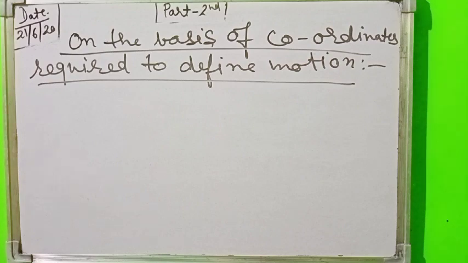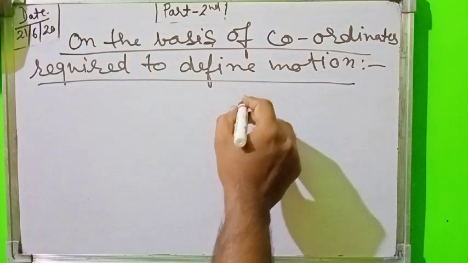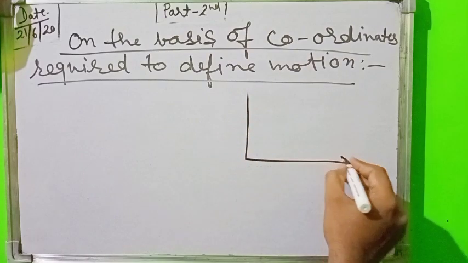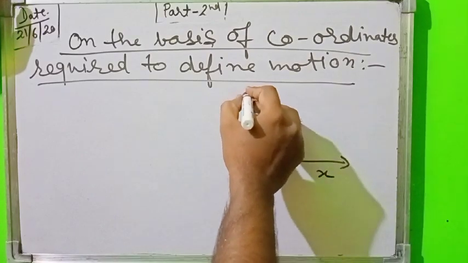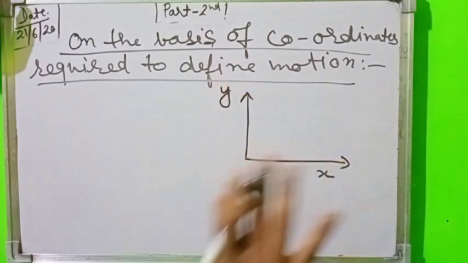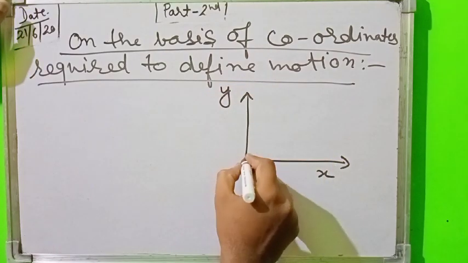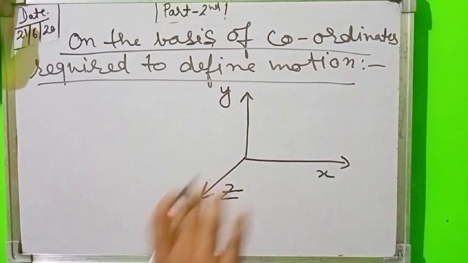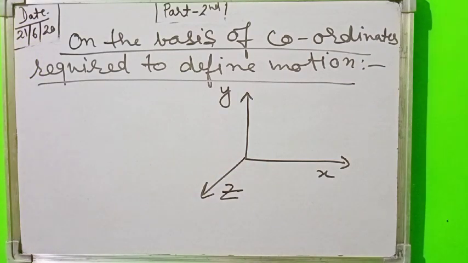In class 9th mathematics, you studied the coordinate system, and in physics till now we have studied only three coordinates. For specifying the position of any object, we select only three coordinates. You have studied the x-axis and y-axis, and that is the z-axis. All three axes are mutually perpendicular to each other.